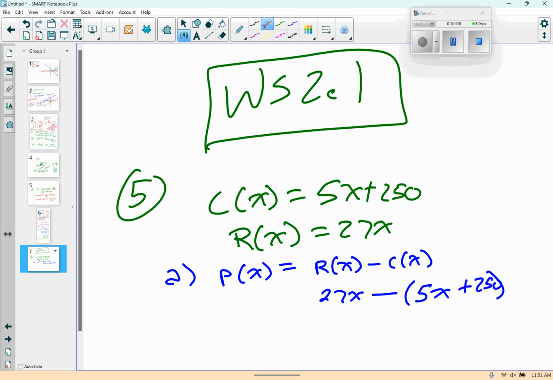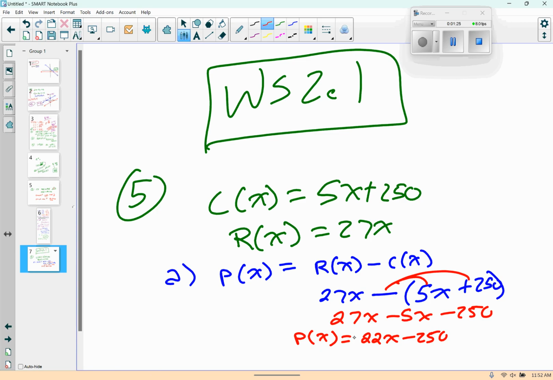When you distribute the negative over the parentheses, you get 22x minus 250. That is your profit equation. Okay?